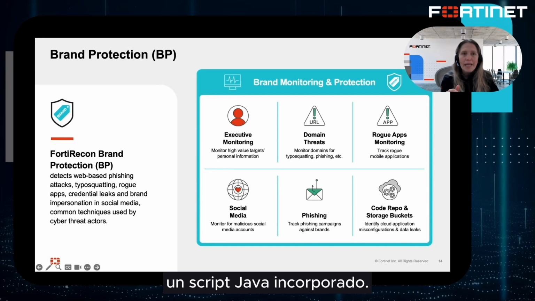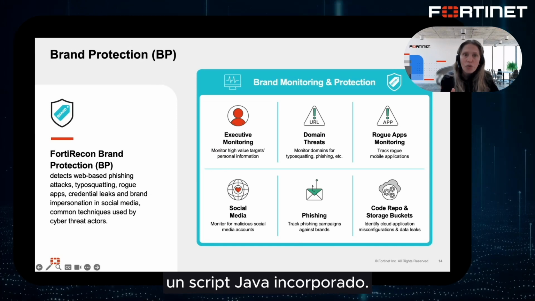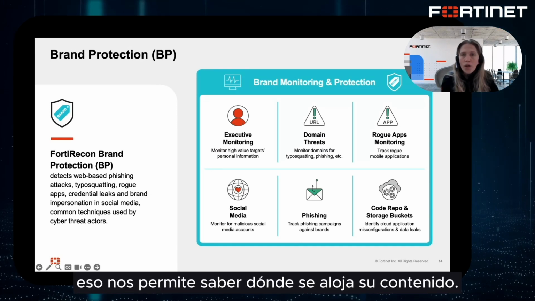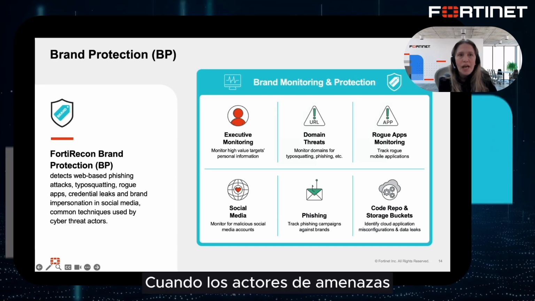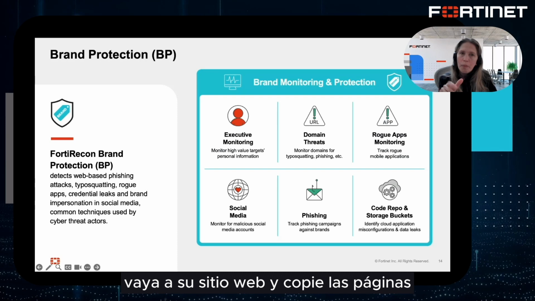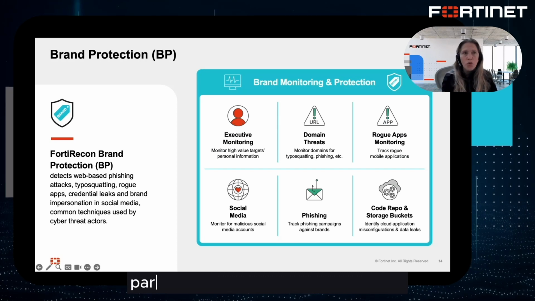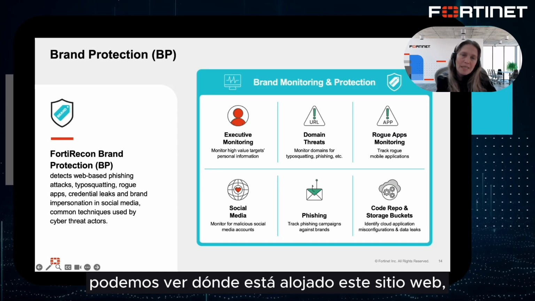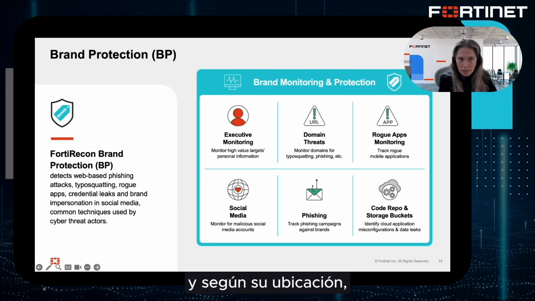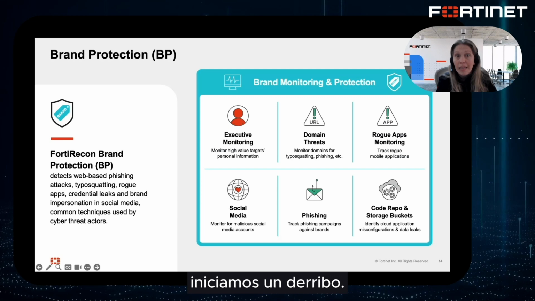The watermark has built-in JavaScript that lets us know where your content is being hosted. When threat actors go to your website and copy pages and try to host them elsewhere to create a phishing campaign, we can see where the website is hosted, and based on its location, we initiate a takedown.